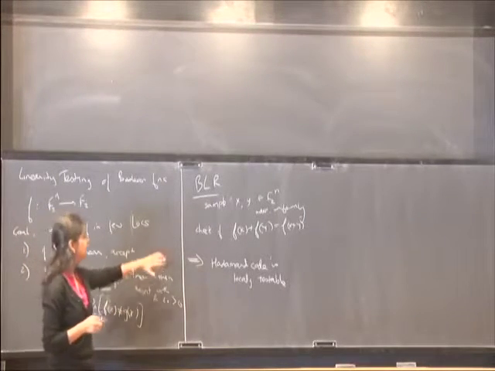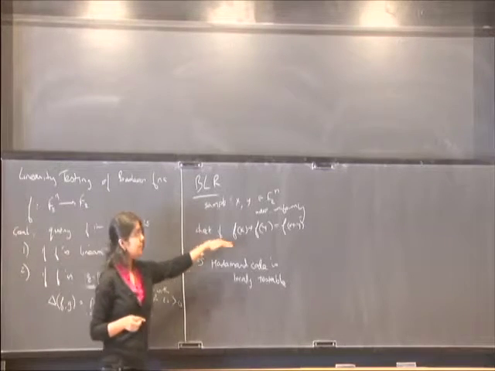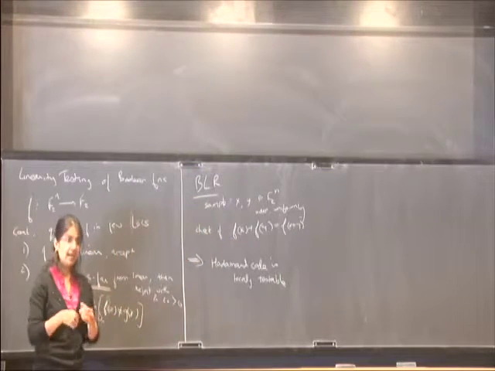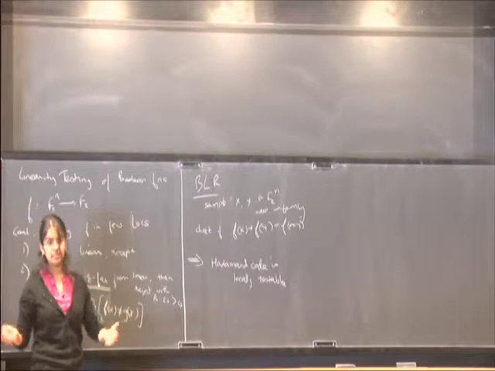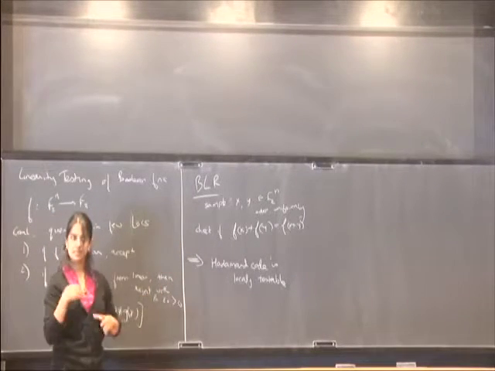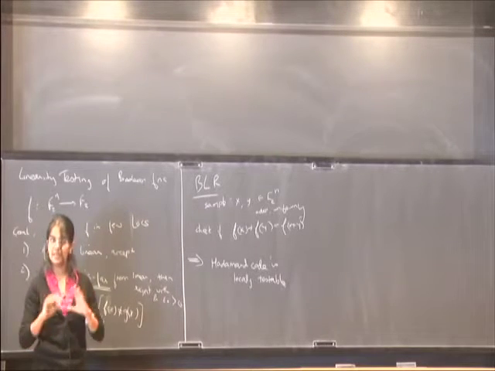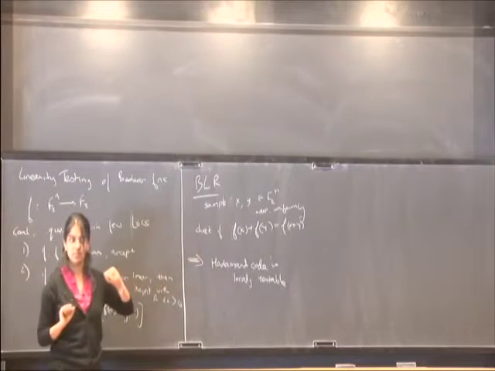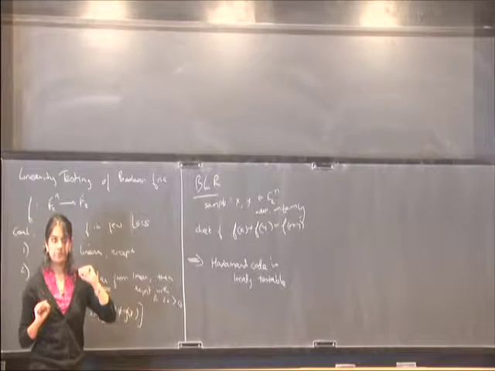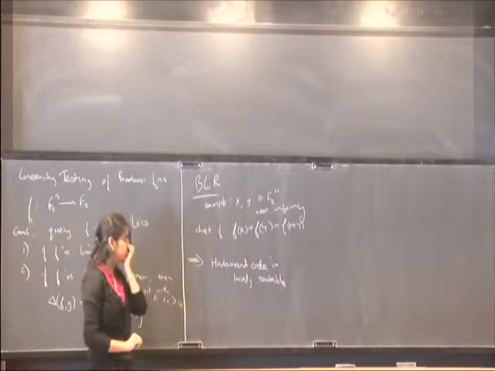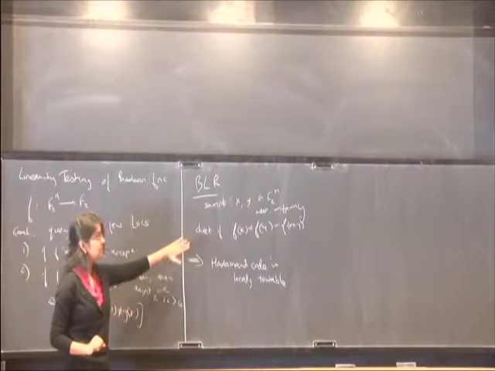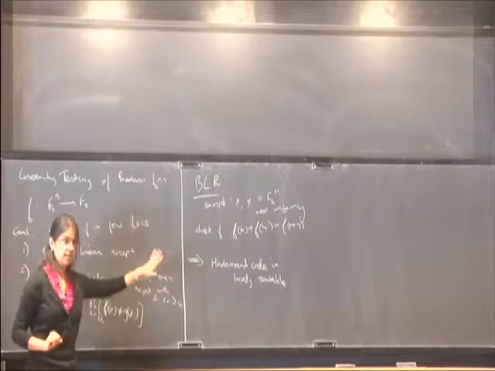So the acceptance probability of the test you can cast in the language of the Fourier expansion of f, and this being large will exactly translate to some Fourier coefficient being large, and hence f will correlate well with some linear function. Okay, so that's one proof of this result.